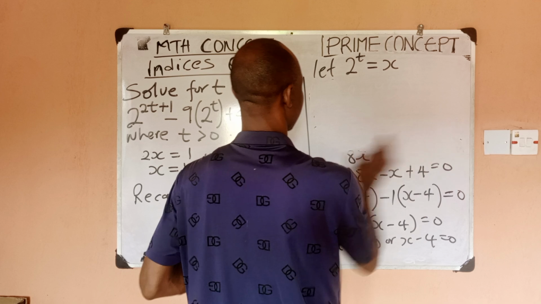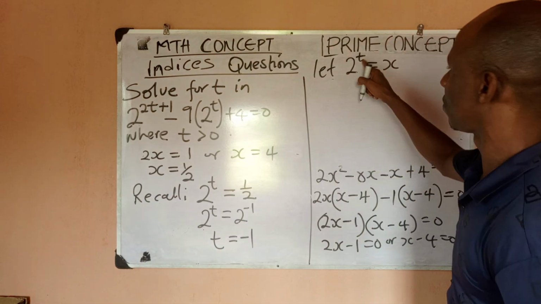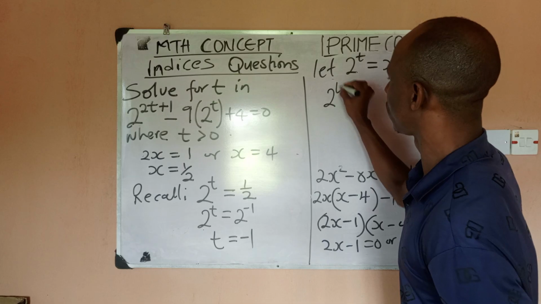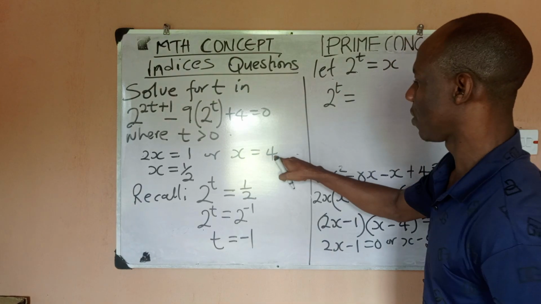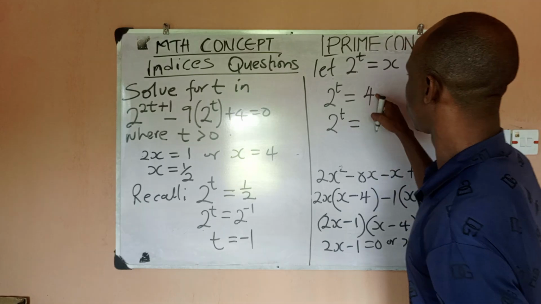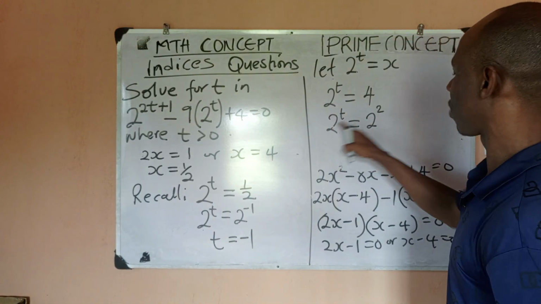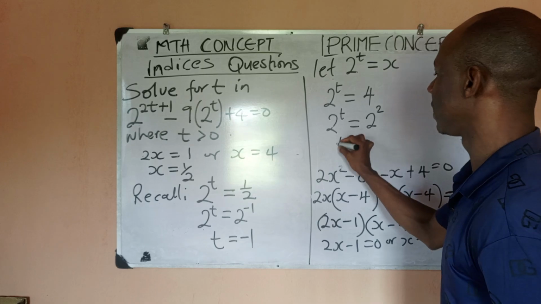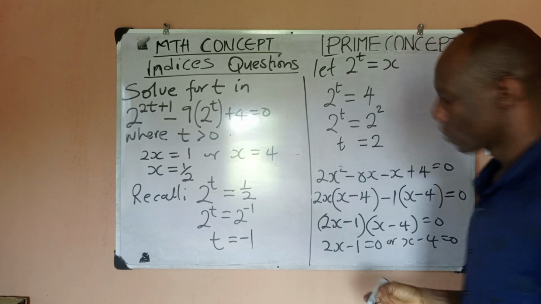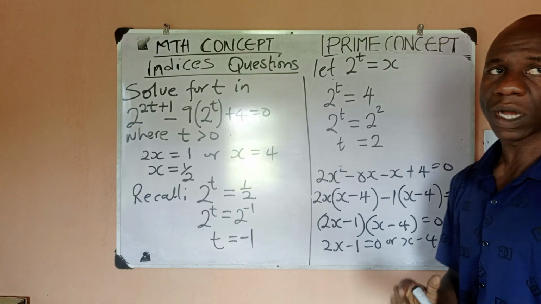So the second value of t, I would go back again. 2 raised to power t is x, and the second value for x is 4. So I have that 2 raised to power t is equal to 2 raised to power 2, right? So that by comparison again, you see that t is equal to what? 2. So I have two values of t. I have t equals minus 1, then I have t equals 2.